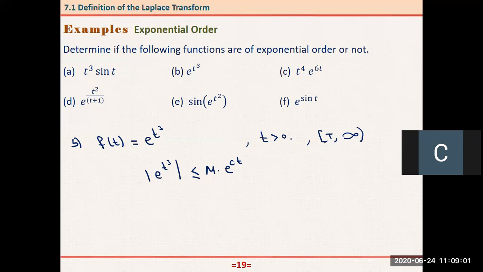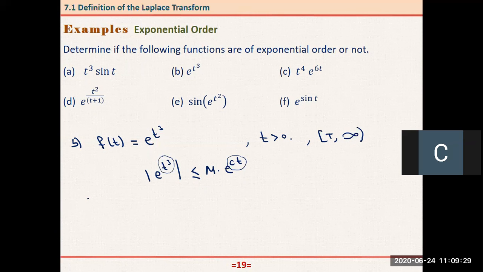If you try to draw the graph, after some number t cubed in the exponent grows much faster than this. Whatever you choose for capital M and c, it cannot stay greater than this over some interval from capital T to positive infinity. That means this function is not of exponential order.